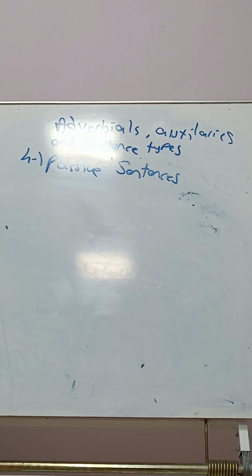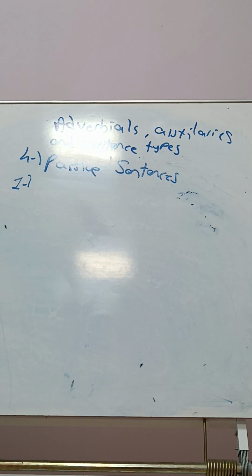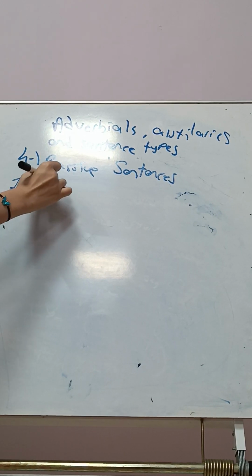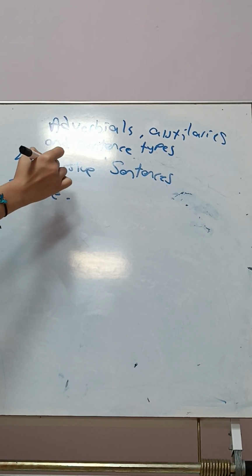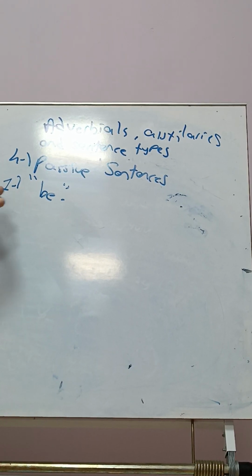The passive sentence compares with the active sentence in the following way. The first one is the passive verb group contains the be sequence just before the main verb.